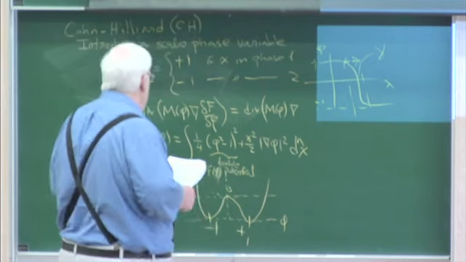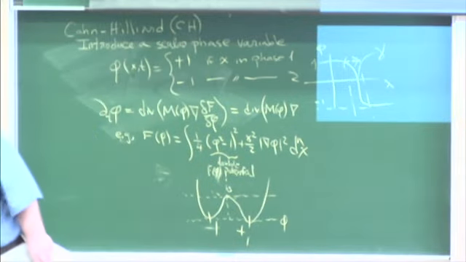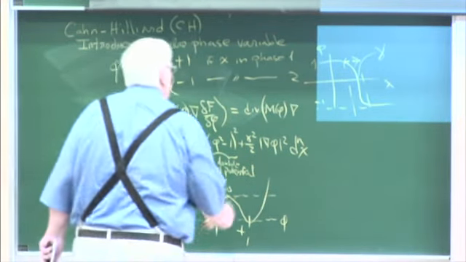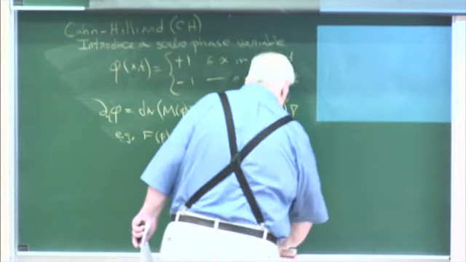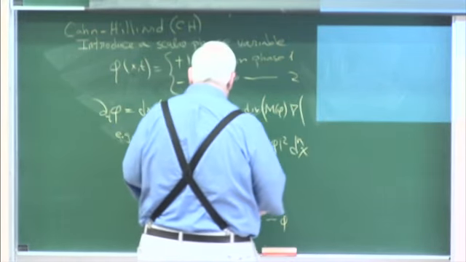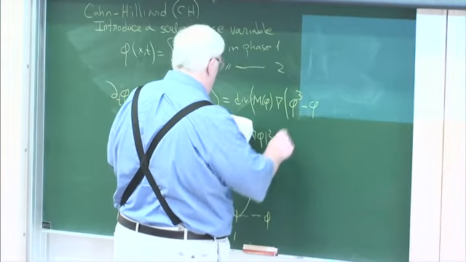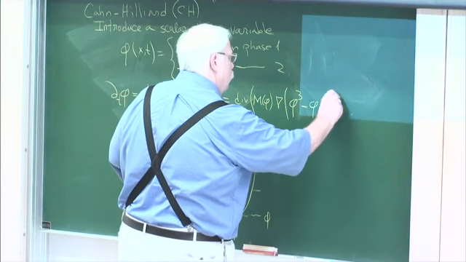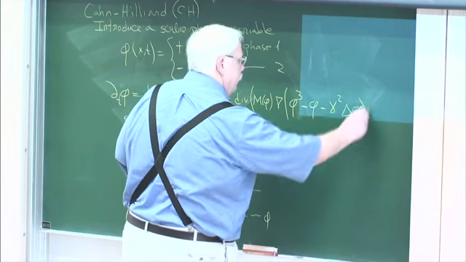Okay, so in this case, that becomes grad of phi cubed minus phi minus gamma squared Laplacian phi.